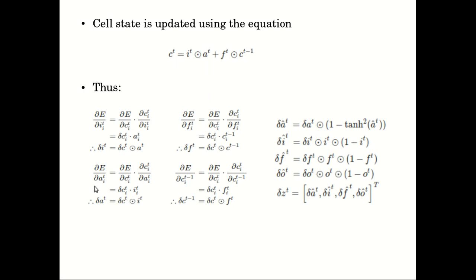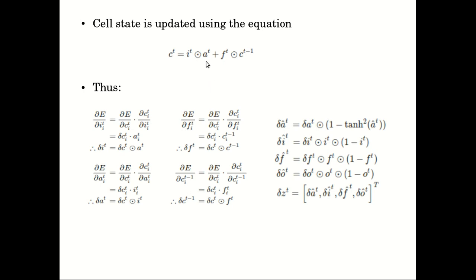So this is it. And now for a_t, again this part is a constant and its derivative is 0. So the derivative of E with respect to a_t is the derivative of E with respect to c_t, which is the gradient of c_t, and the derivative of c_t with respect to a_t, which is nothing but i_t. And finally the gradient of c_{t-1}, which is the derivative of E with respect to c_{t-1}.